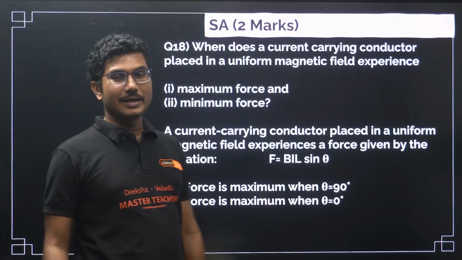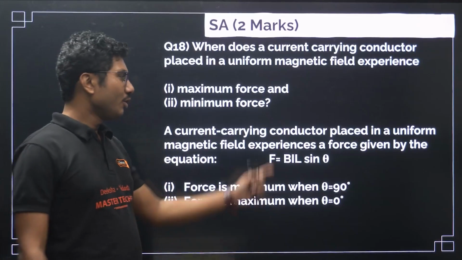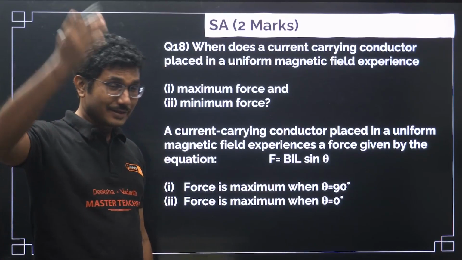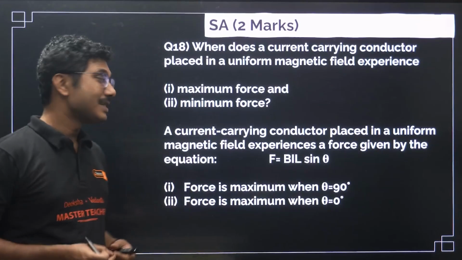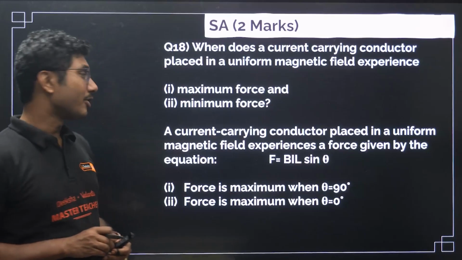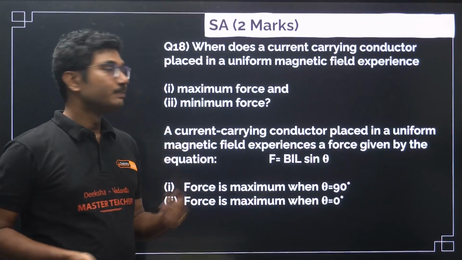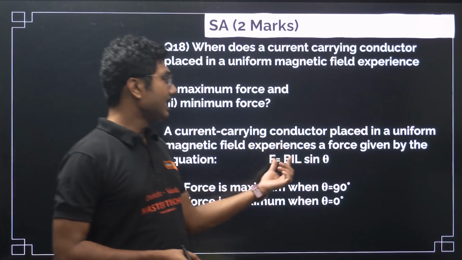You can remember Billy, a cat, or you can remember Bill Clinton. When I was studying, Bill Clinton was the president of America, now it is someone else. That is how we used to remember, or you can remember Billy, cat, or whatever is suitable for you. Bill sin theta.